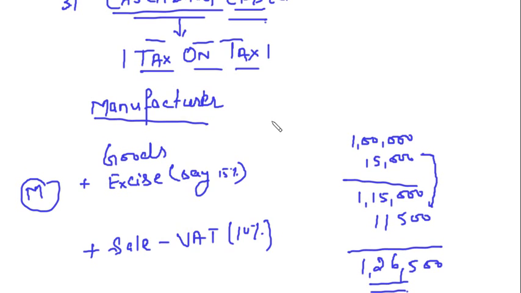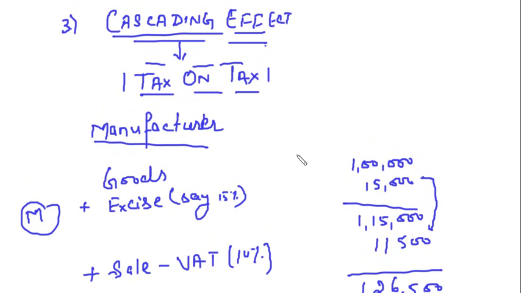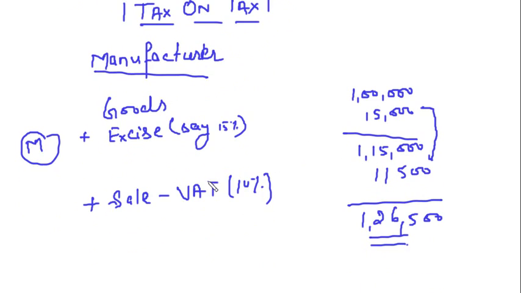How is this cascading effect working? You are paying tax on tax. You are paying VAT on excise duty also. First you paid the excise duty, then on that excise duty you are paying the VAT also. So this is double taxation. You are paying tax to the government twice on a product.